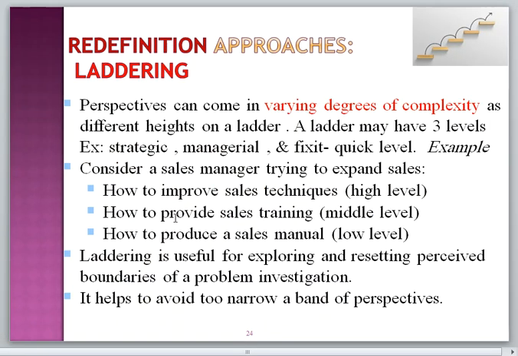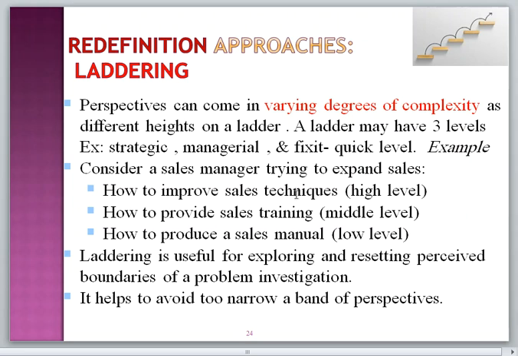Laddering says that when you have a problem, you may have different degrees of seeing that problem, from a higher level on a ladder or a lower level one, right? So, for example, a sales manager has a problem concerning declining sales or something.